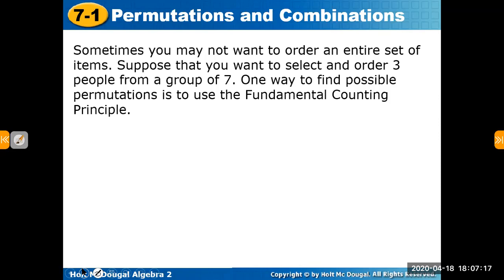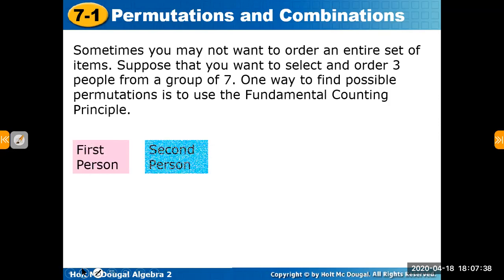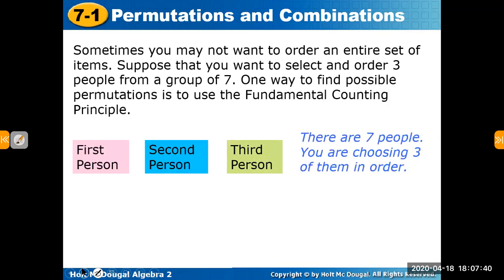One way to find the possible permutations is by using the fundamental counting principle that we just learned previously. You'll get first person, second person, and third person.